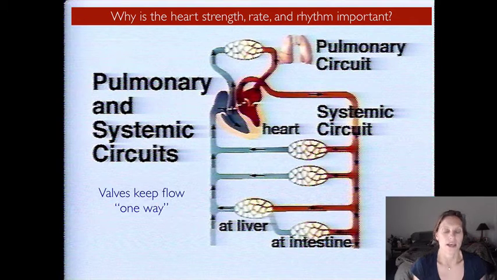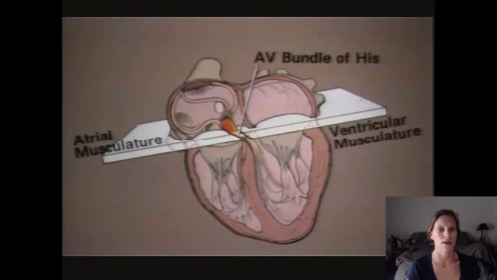As the pressure in the ventricles exceeds the pressure in either the pulmonary trunk or the aorta, the blood is ejected, and then immediately those semilunar valves shut again. So the job of the valves is to keep the blood flowing in that unidirectional fashion, and valvular disorders can impede that and have negative and ultimately potentially fatal consequences on the individual as well.